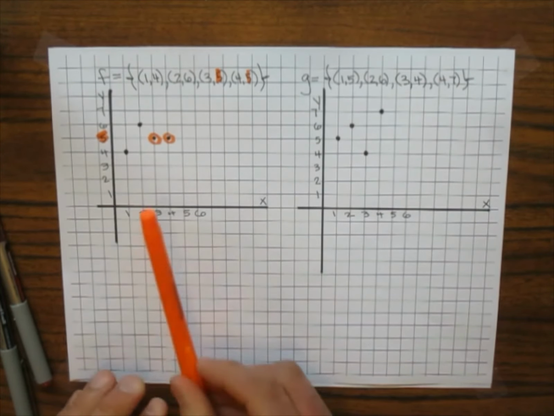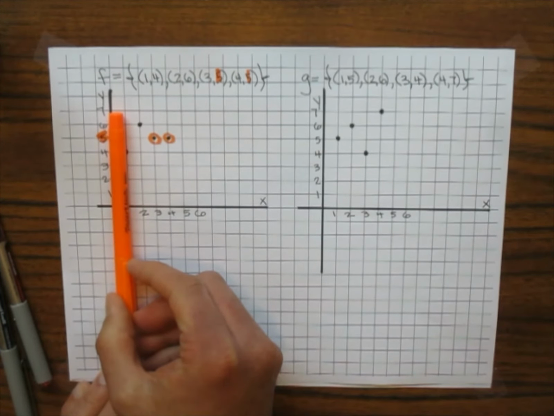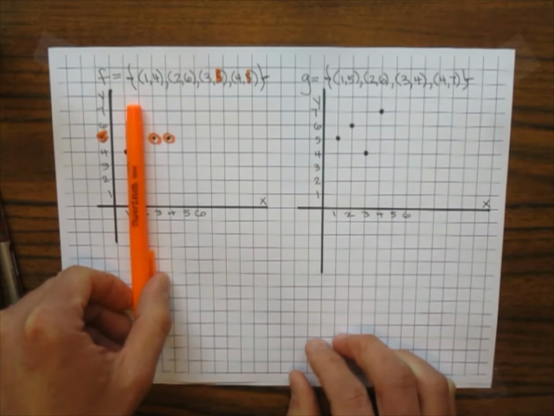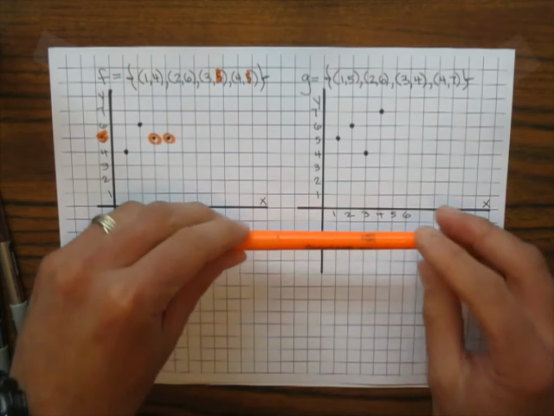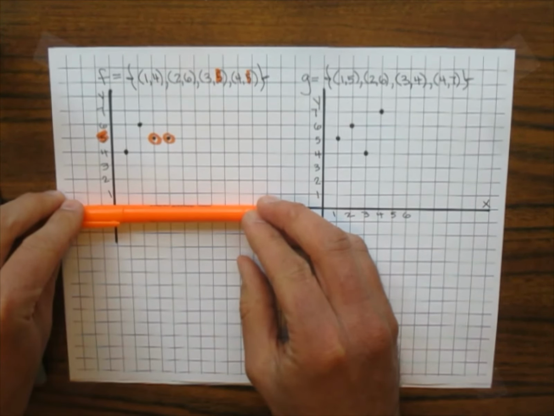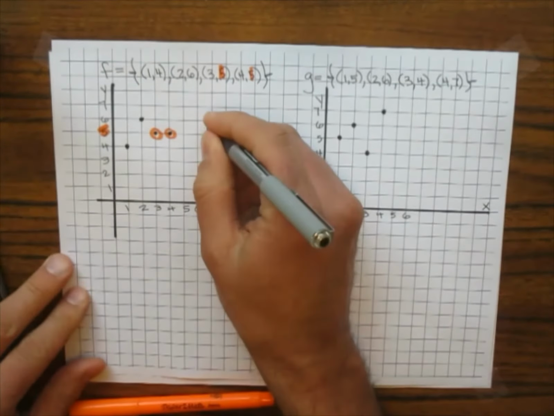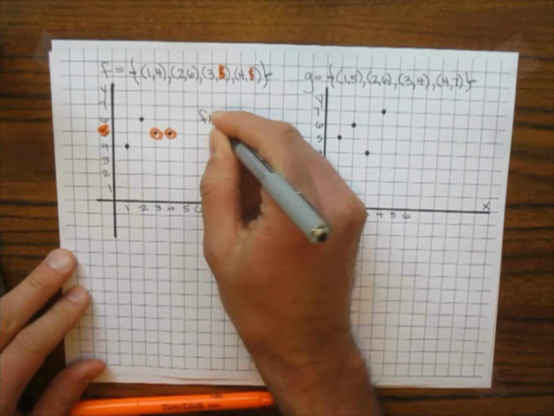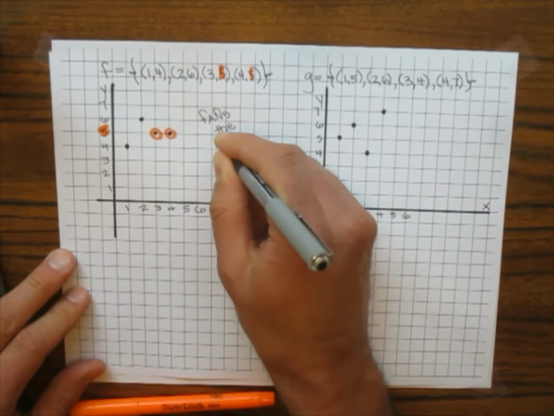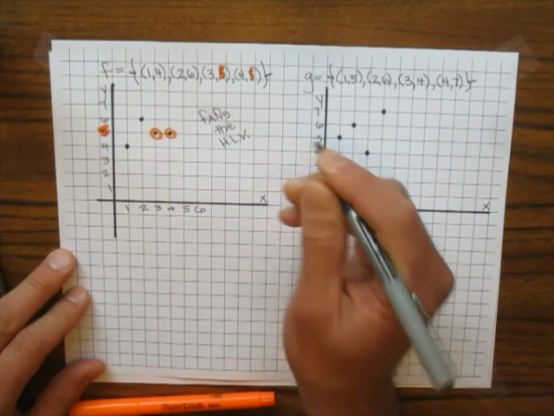So the vertical line test tells you if a picture is a function, and the horizontal line test tells you if a function is one-to-one. So this one fails the horizontal line test. Okay.